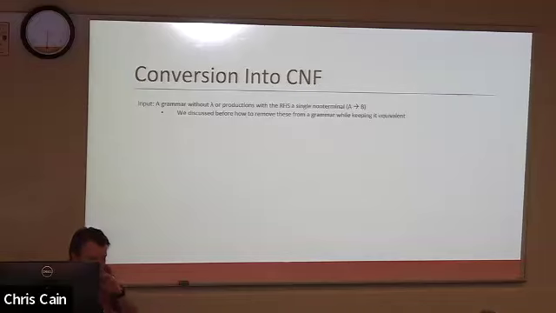Anyone give me a refresher? How do we remove lambda? Make a new overarching production, so you're going to filter it all the way to the top. Find a way to do that, and then bring it out. So we can do it that way.